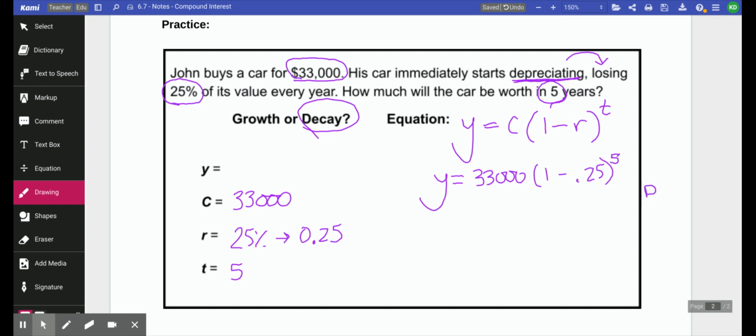All right. So remember, we have 3 steps here. We have the PEM in PEMDAS. So the first thing is our parentheses. 1 minus 0.25. So if you have $1 and you spend a quarter, you now have 75 cents. And now we're going to do 0.75 to the power of 5. So again, that's not times 5, it's to the power of 5.